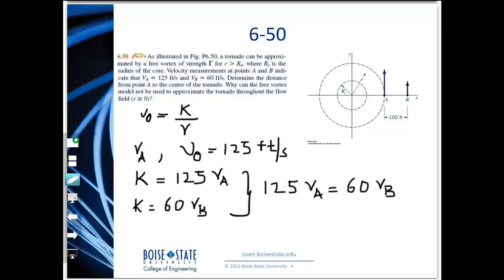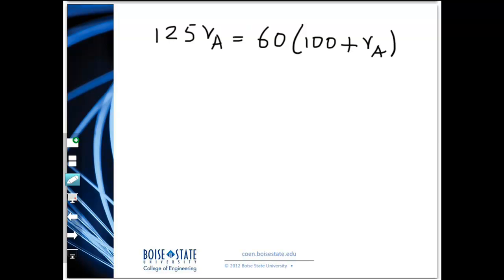So that would mean RB minus RA is 100 feet. So from here we can solve for RA. I can solve for RA by writing the entire equation in one variable. So 100 plus RA. From here I get RA to be about 92 feet.